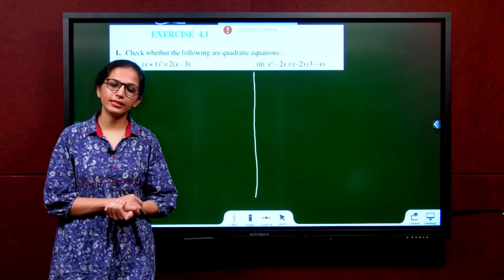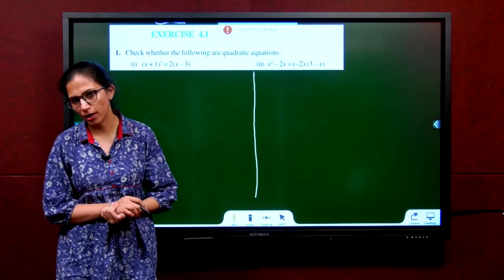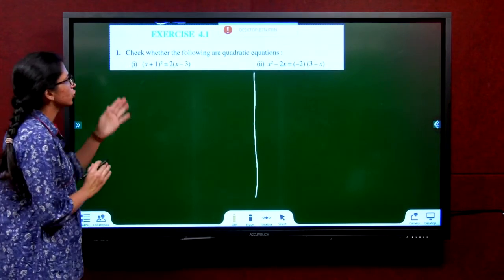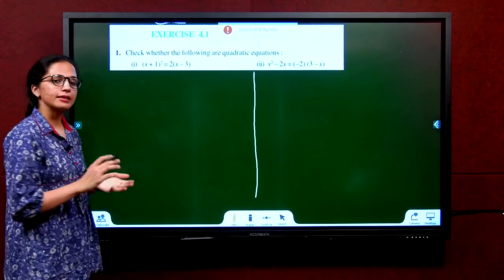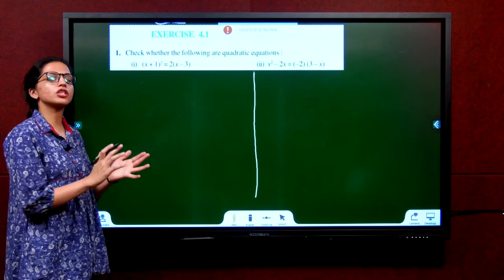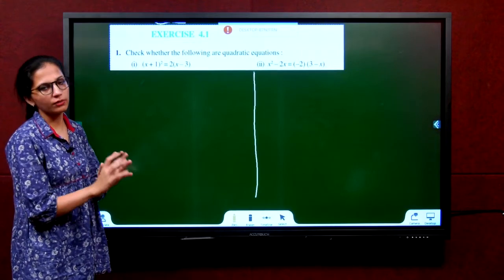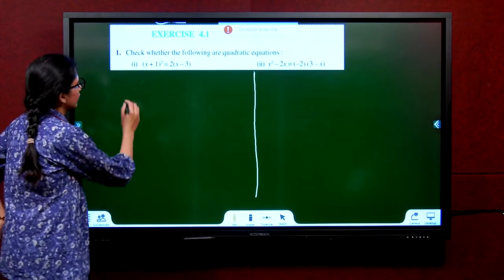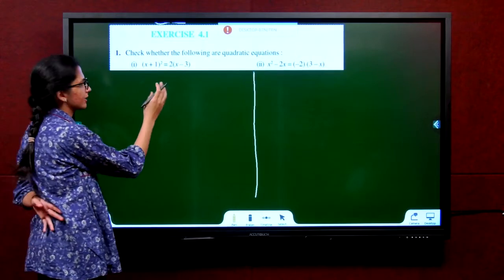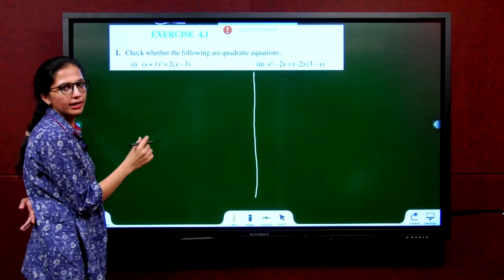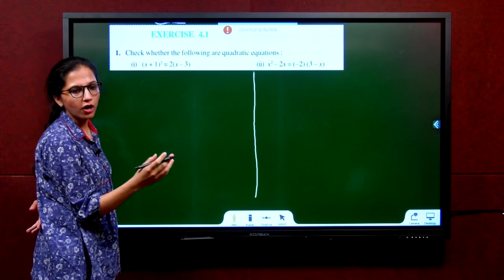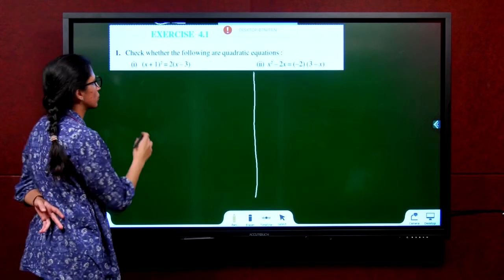We are starting with exercise 4.1, first sum. Check whether the following are quadratic equations. Same method, we just have to check whether it is a quadratic equation or not. What do we do? Just expand it. X plus 1 the whole square is of the form a plus b the whole square.